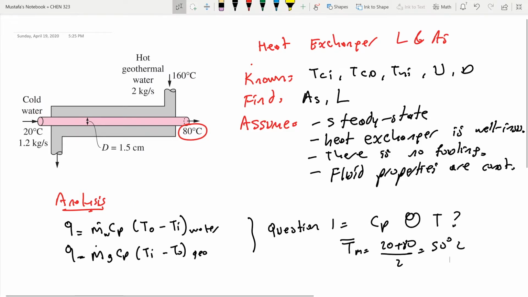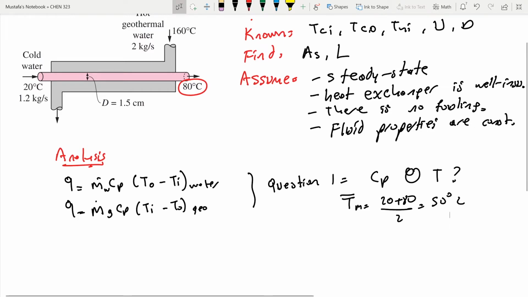We will evaluate the properties for water at 50 degrees Celsius. That means at this point, the Cp is equal to 4180 joule per kilogram per Celsius.